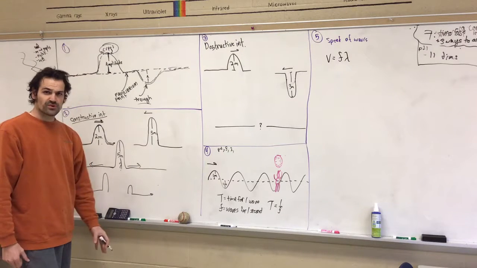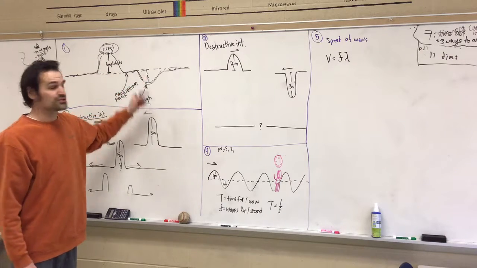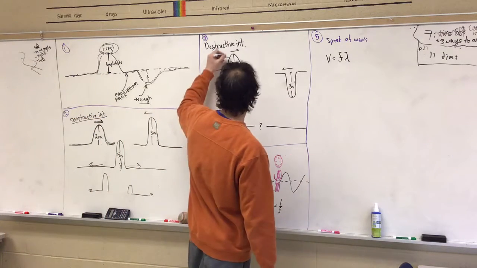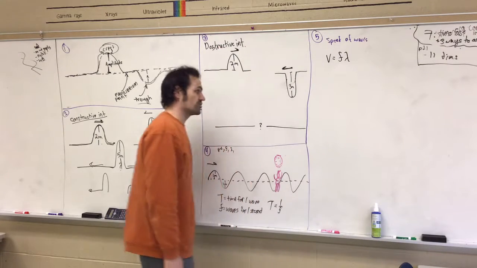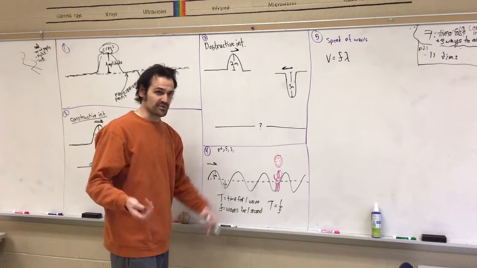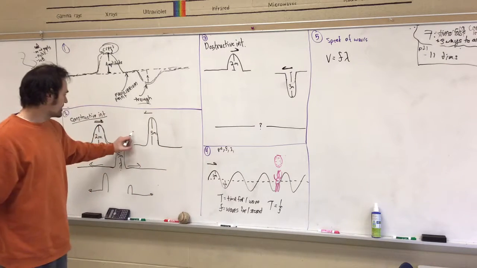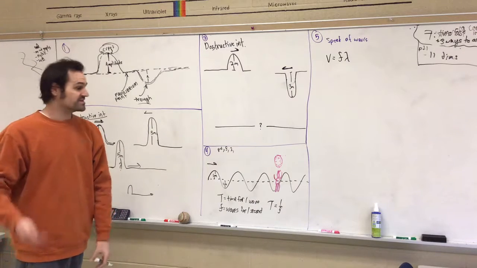Now what happens when the waves are working against each other, or when you have a crest moving towards a trough? So we have a 2-meter crest moving to the right, and we have a 3-meter trough moving to the left. When they overlap, what's going to happen? Just like the opposite of this, instead of building together, they're going to work against each other.